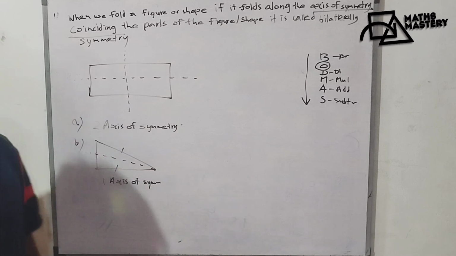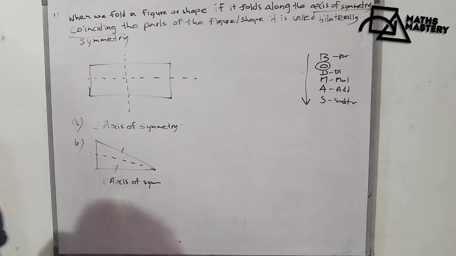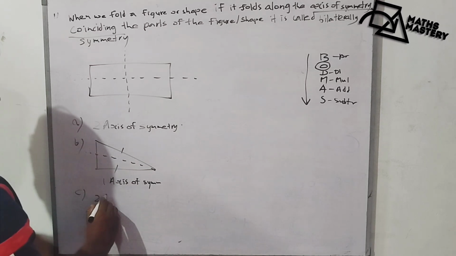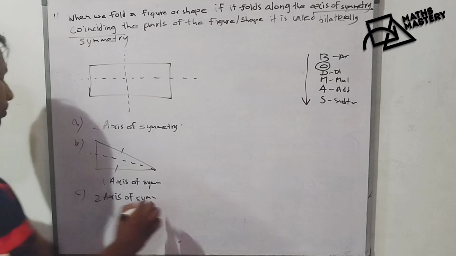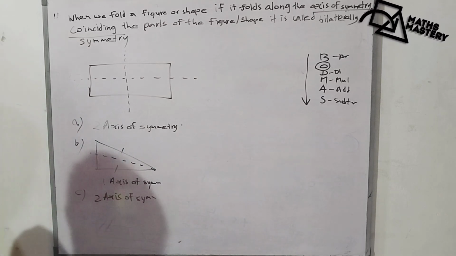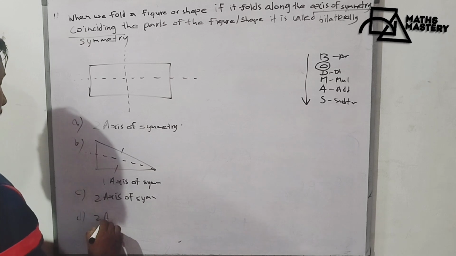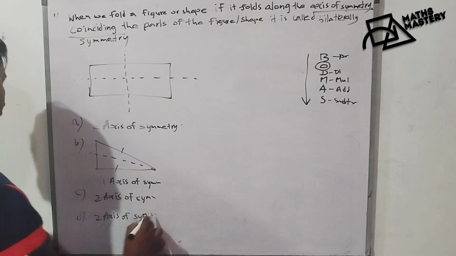Question number C. C also is a rectangle. It also has two axes of symmetry. Question number D. In question number D also, you have two axes of symmetry.